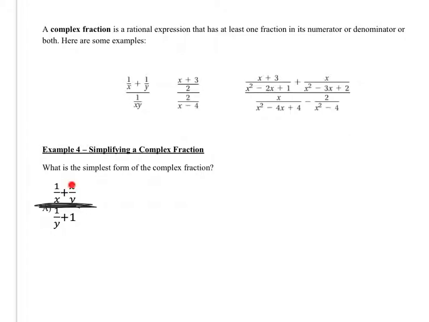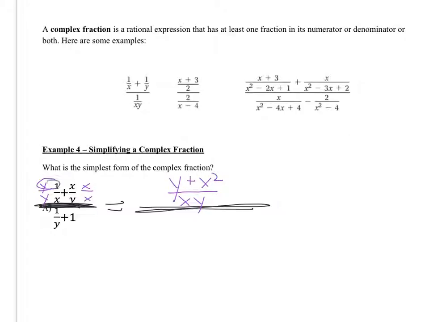So if I'm focusing right here first, I'm going to have equals, that first division bar. I have to have common denominators. So I have to multiply this top one by y over y, and then this one by x over x, because that's my common denominator, xy. So this would be y plus x squared.